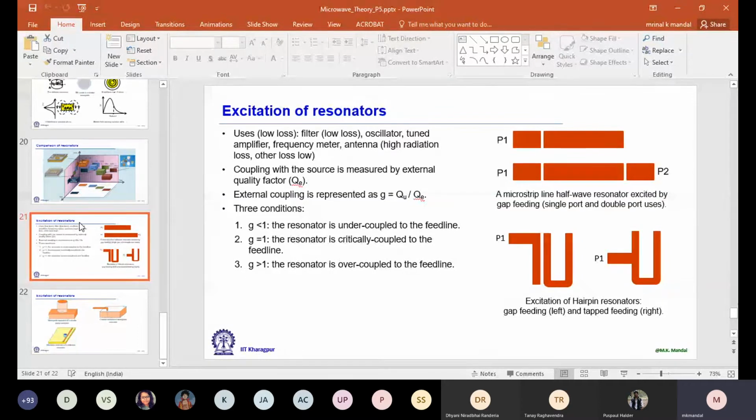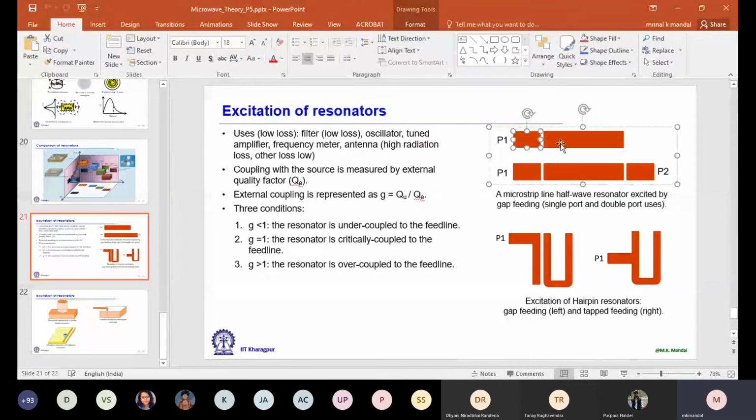So the feed line is a microstrip line. From its fringing field, it can easily excite a microstrip line section. In this figure, I'm showing a single port resonator, and here this resonator is connected to 2 ports.